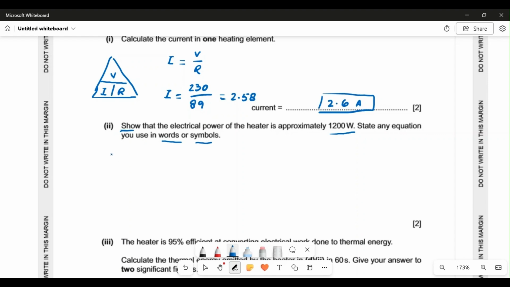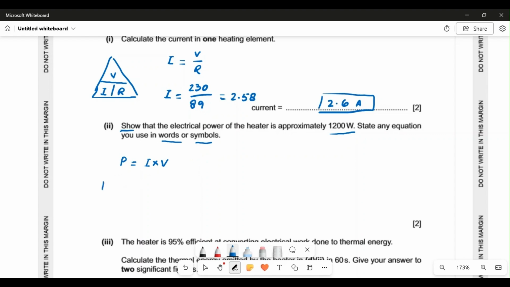To find the power, P is equal to current times voltage. This is one equation. Power P is also energy delivered per unit time, but that is not important here. I am using here current into voltage.